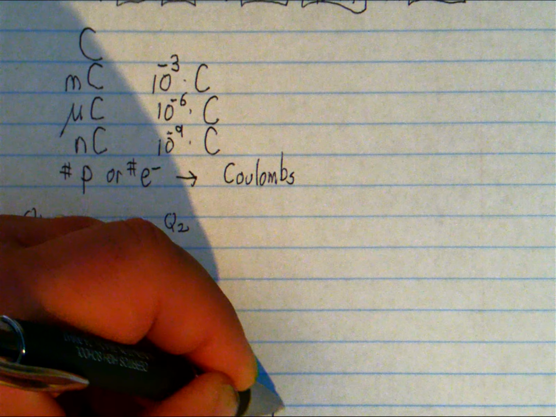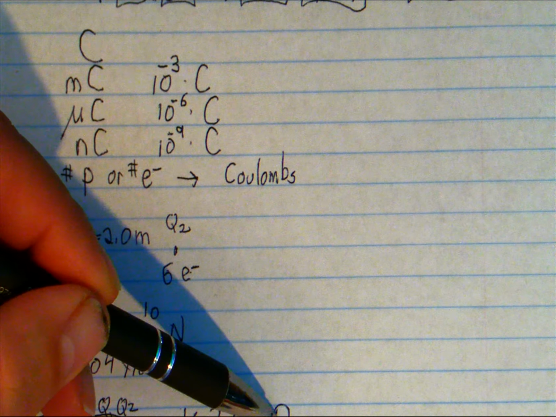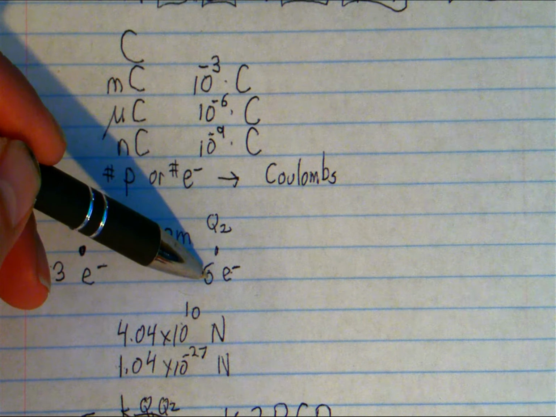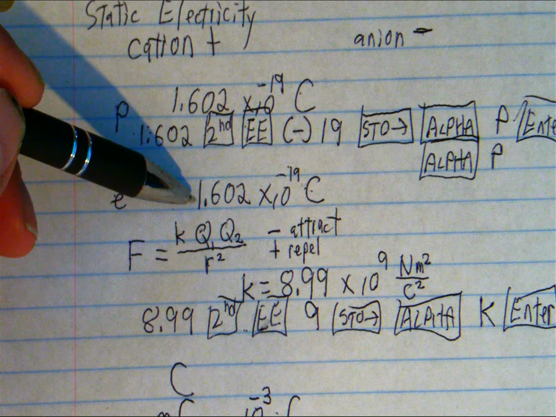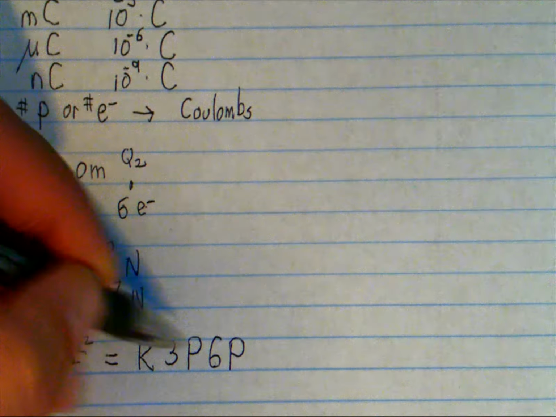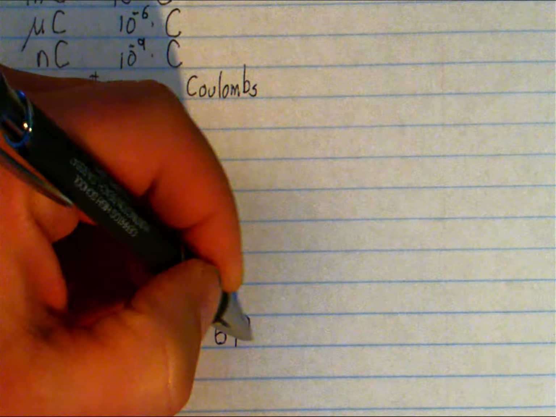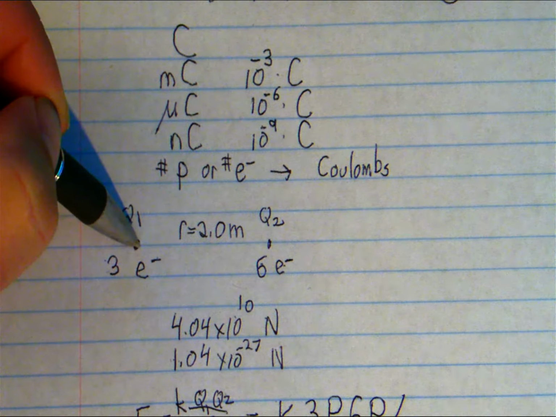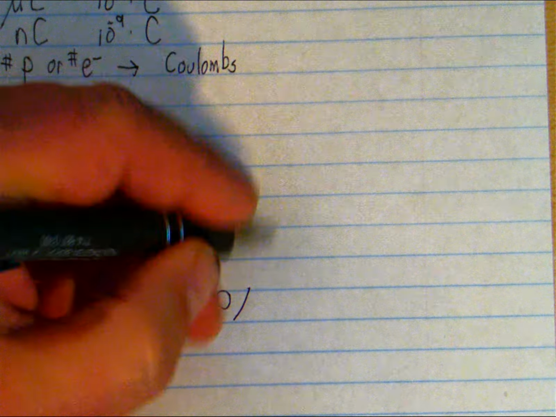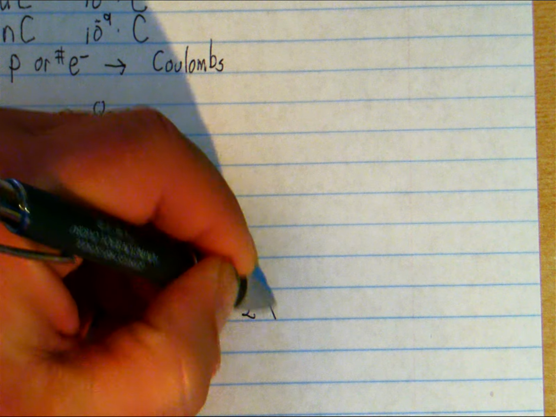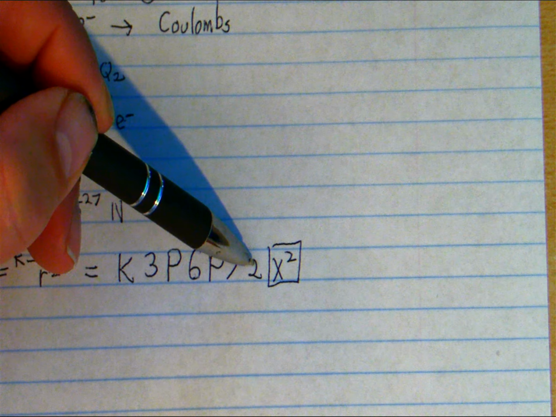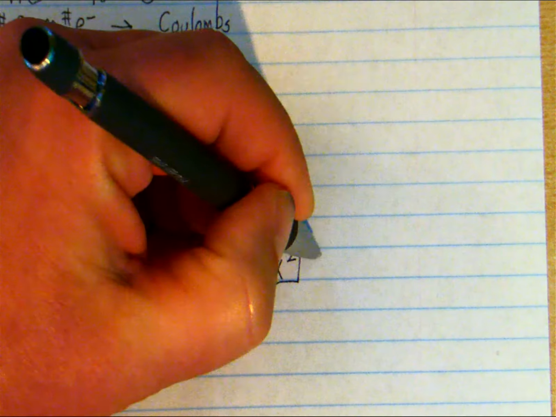Again, the letter P from my calculator memory to convert these 6 electrons also into units of coulombs of electric charge. That's the entire numerator right there. Divide by the distance from the center of one to the center of the other, which was 2 meters. So 2, x squared button, meaning square the value of r, enter.